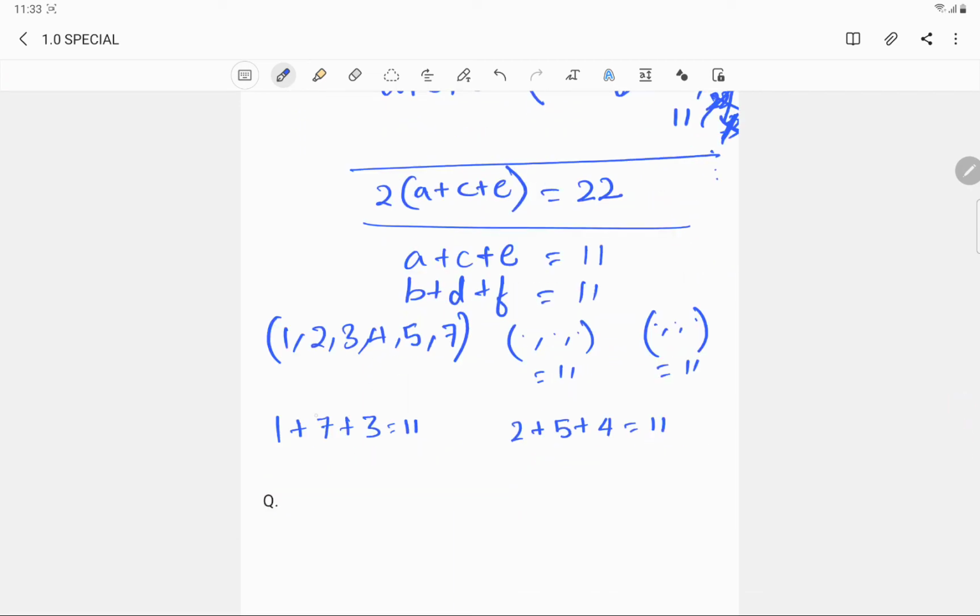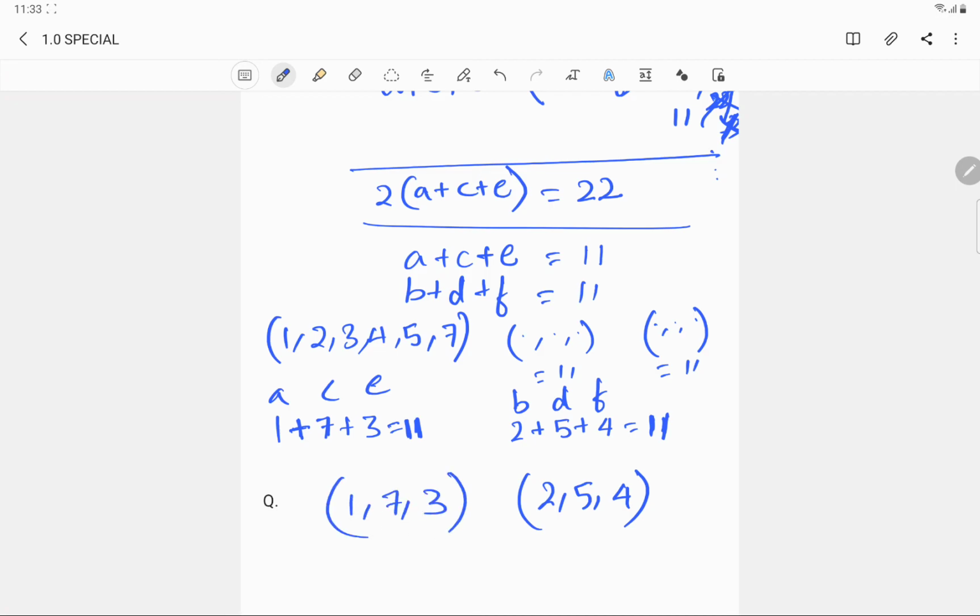So those triplets, assume that this is A C E. We have selected 1, 7, 3, whose sum is 11, and this is B D F. We have selected 2, 5, 4, whose sum is 11. So 2, 5, 4 is one set which will occupy the even places, and 1, 7, 3 is another set that would occupy the odd places.